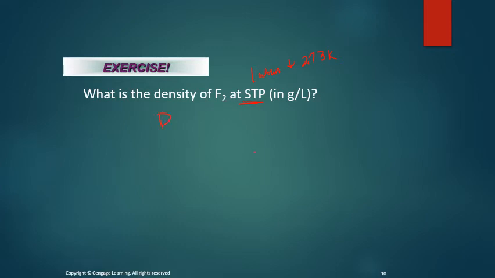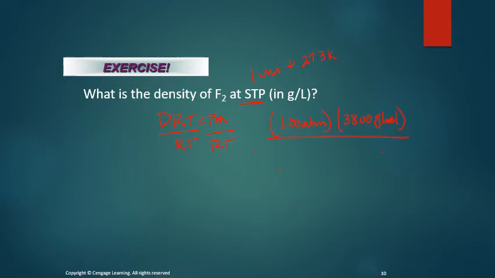So I'm going to take my dRT equals PM. I'm going to divide both sides by R and T. So when I look at my numbers, I would have 1.00 atmospheres. I would have the molar mass of fluorine, again 2 times 19, since it's diatomic. So I'd have 38.00 grams per mole.